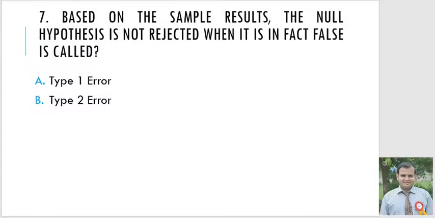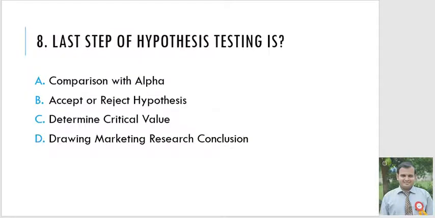Moving ahead, eighth question. Last step of hypothesis testing is, from the four options you have to identify which is the last step of the hypothesis testing. Option A, comparison with alpha. Option B, accept or reject hypothesis.